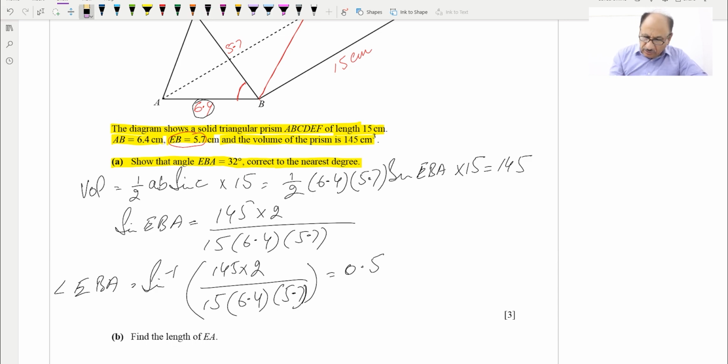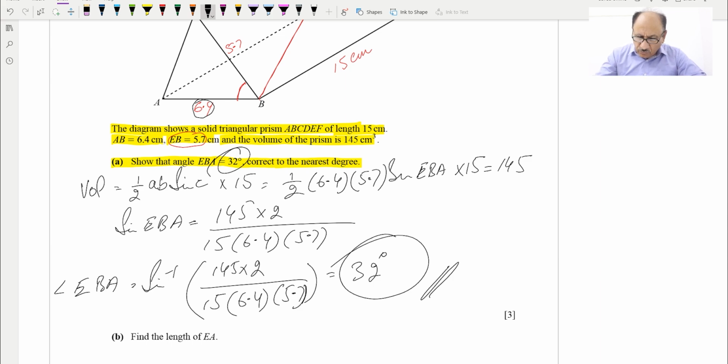So we can write here 32 degrees, which is basically required, which we need to prove, correct to the nearest degree.